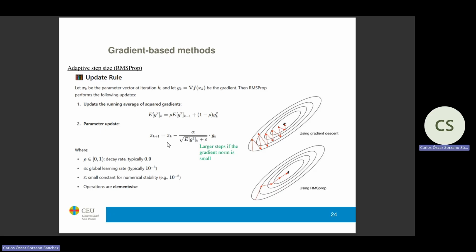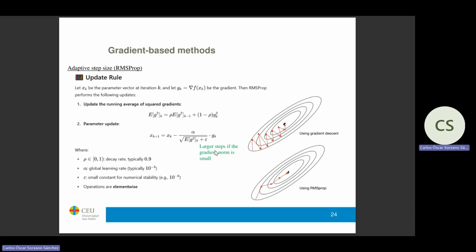And with this adaptive step size, you see the formula is very similar to the one of gradient descent. Except for this term, it is exactly gradient descent. Actually, if you remove the denominator, it is gradient descent. So it is gradient descent in which you will make larger steps if the gradient norm is small. So what you will do is keep track, in a kind of moving window, of the gradient norm at each one of the points.